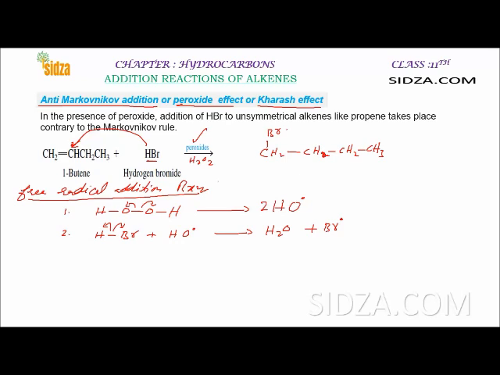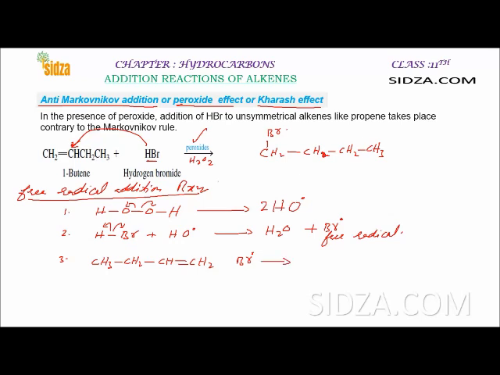It is this Br free radical which attacks first in the case of a carbon-carbon double bond. So if you have CH3 single bond CH2 single bond CH double bond CH2, the Br free radical will attack on it, and again it will form a free radical which is more stable.